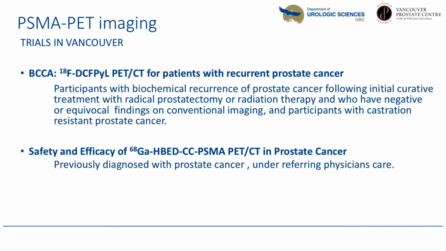And at the BC Cancer Agency, there's a fluorine 18 trial with the Johns Hopkins tracer, which basically is open for patients with biochemical recurrence. And there opens up a company-run safety and efficacy trial for gallium, where basically the only inclusion criterion is that the patient needs to have prostate cancer.